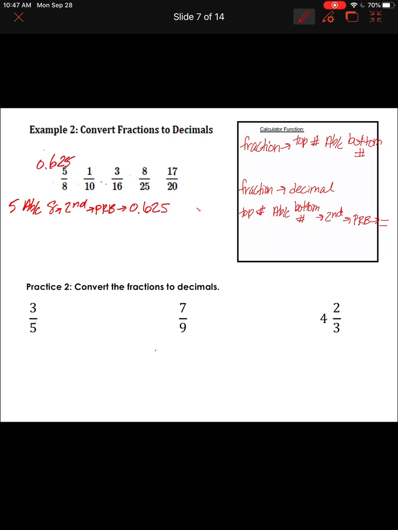So 5/8 as a decimal is 0.625. Okay, for 1/10, got 1 AB/C 10, second PRB equals, and you should get 0.1.